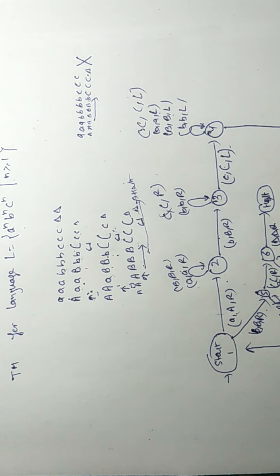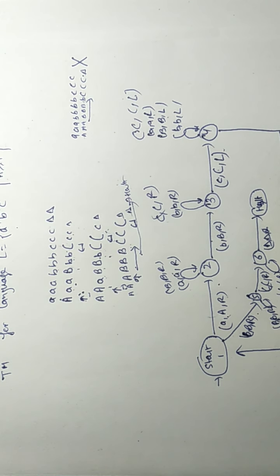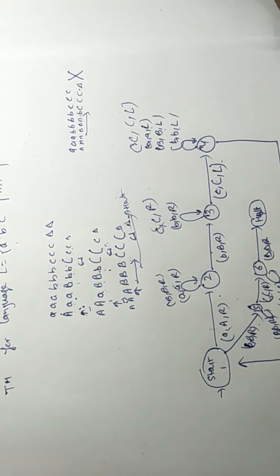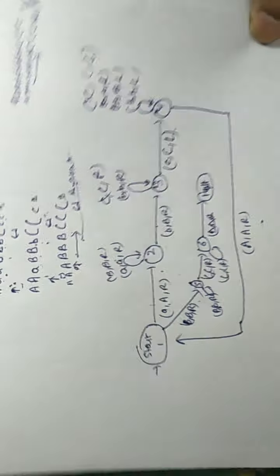You will get a Turing machine for a^n b^n, a Turing machine for a^n b^n c^n, or you can get a Turing machine for ww^R, even palindrome or palindrome, as these are famous by their names. So you have to prepare well, and we will design some more Turing machines in upcoming lectures. Thanks for attending the lecture.